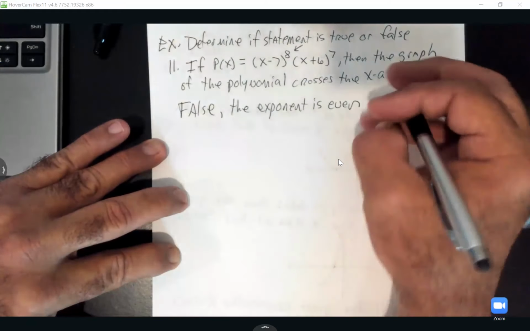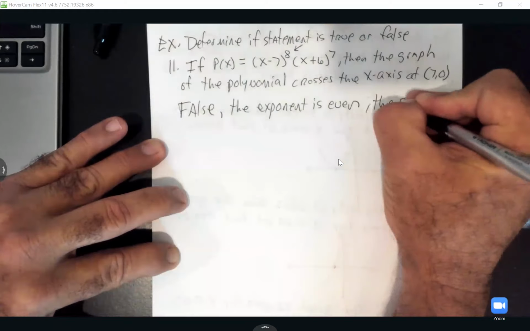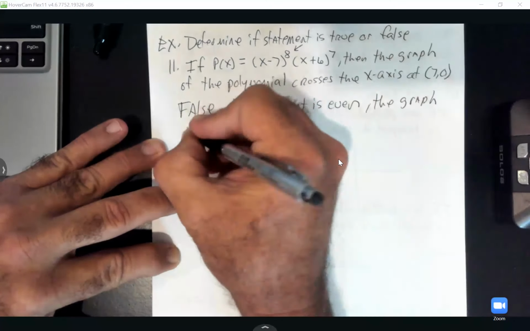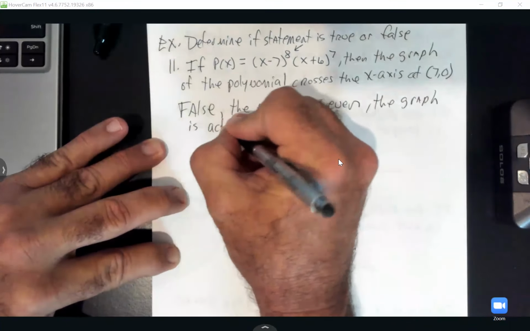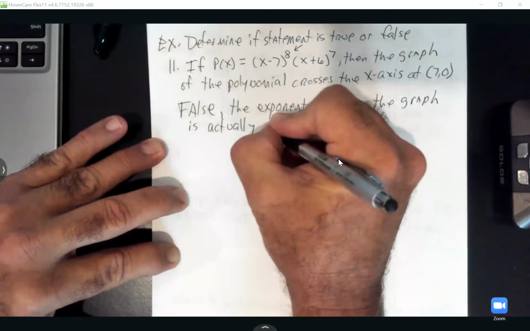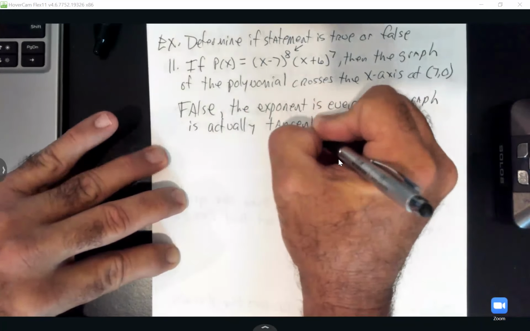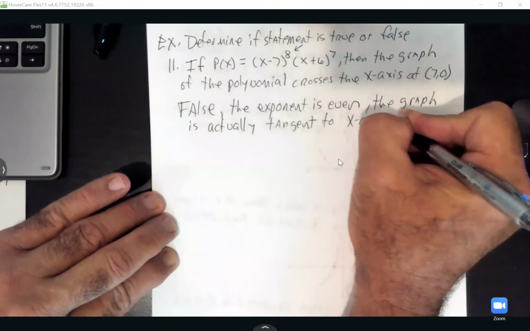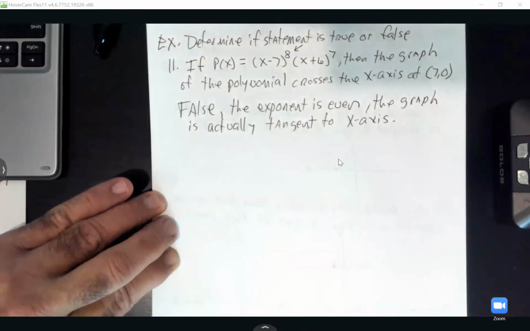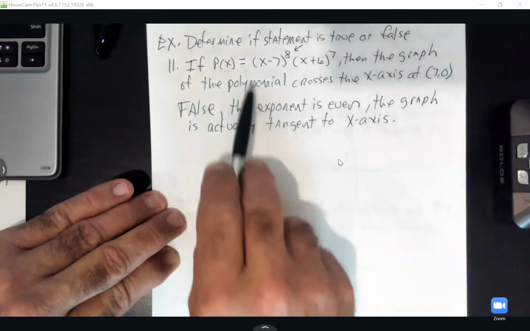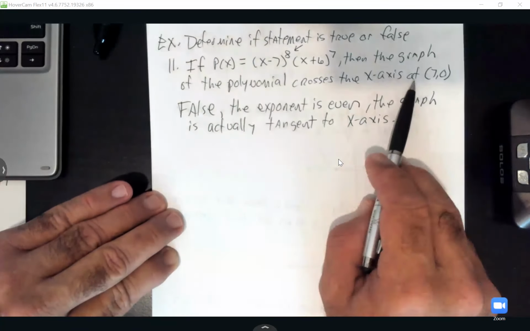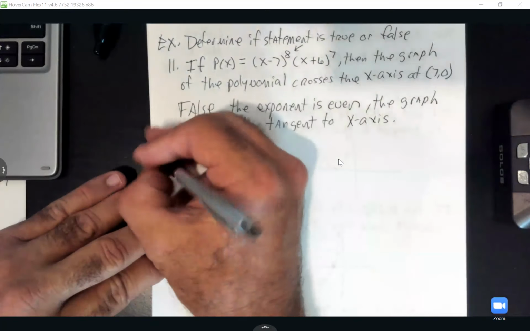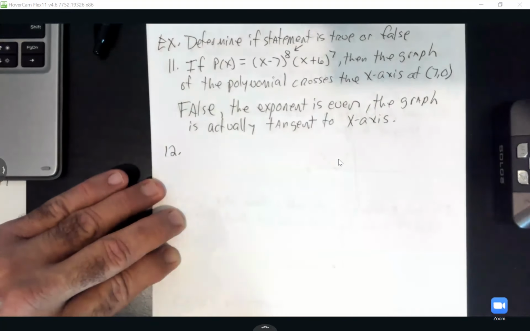And since it's even, the graph is actually tangent to the x-axis. Okay, so we said it was false because this was an even exponent and it doesn't cross, it's actually tangent. All righty, good job, y'all.